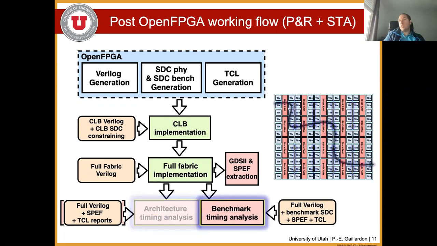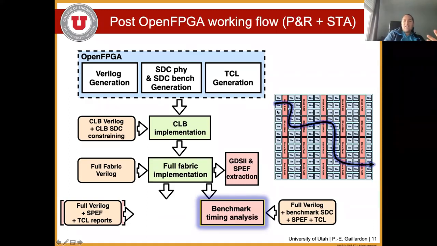The second thing we do is a benchmark timing analysis, where we now export SDC constraints that will constrain the right paths within the fabric, so we can run a static timing analysis engine that will give us the performance of various paths within our fabric. Why do that? And why is it so different from regular ASICs?